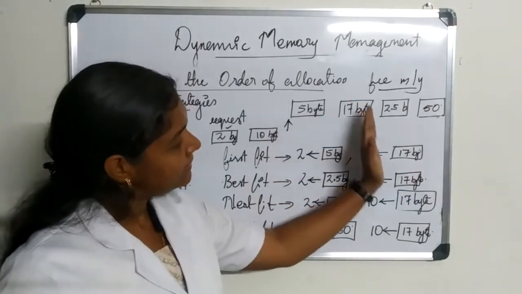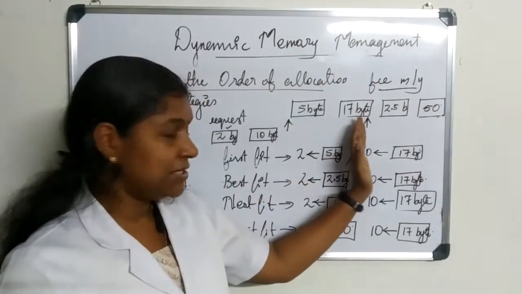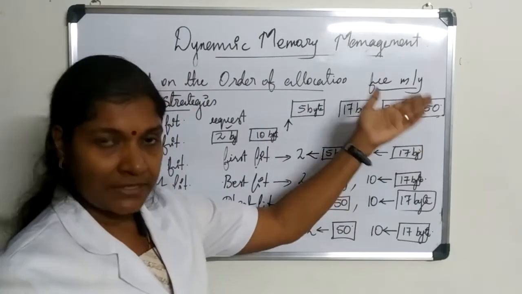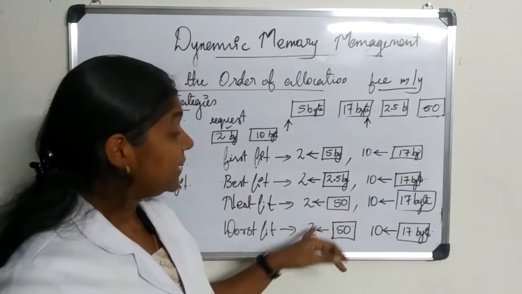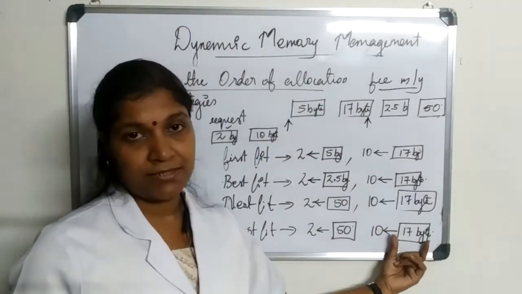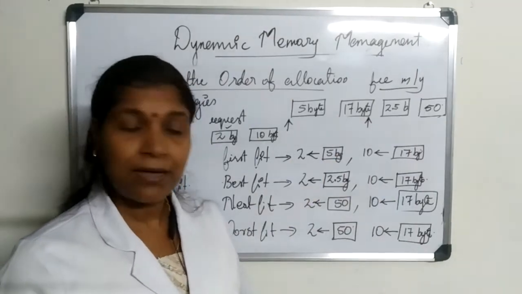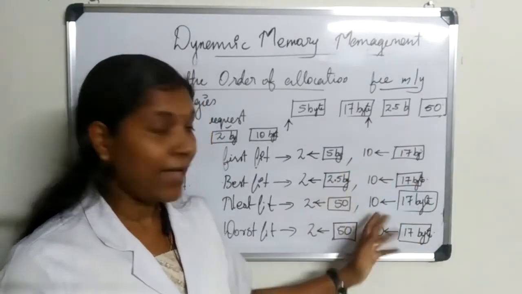In next fit, it started from the point where we stopped with the last procedure, then followed the first fit strategy. For worst fit, it allocated the largest block first, then the second largest. This is the working method. If we take some other example, the values may differ.